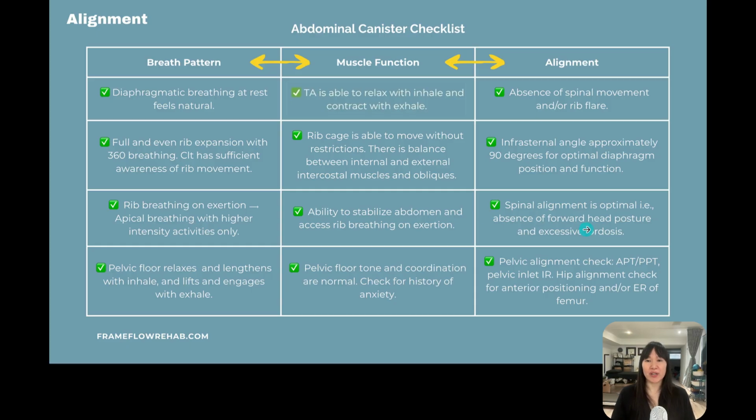So if you're trying to stabilize the core when you're jogging, it's ideal to have a nice stacked spine. It's nice to have the ribs stacked over the pelvis. It's nice for these deep core muscles to have everything aligned so that they can function, so that the ribs can move. So hopefully that all makes sense to you.